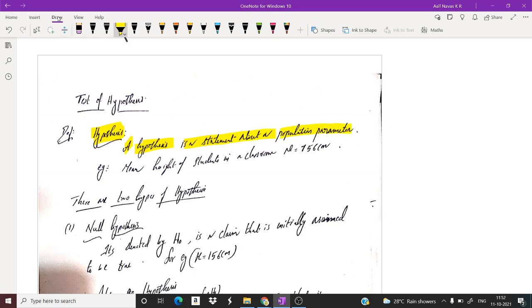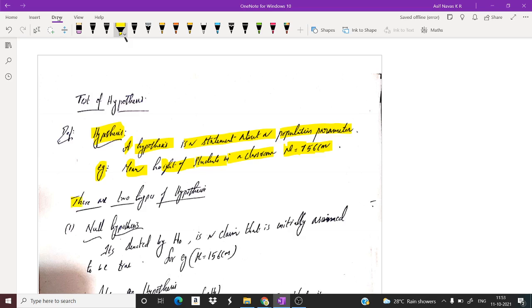For example, if we are taking the mean height of students in a classroom, if mu equals 156 centimeters, or the mean height of the students in the college. That is a hypothesis.